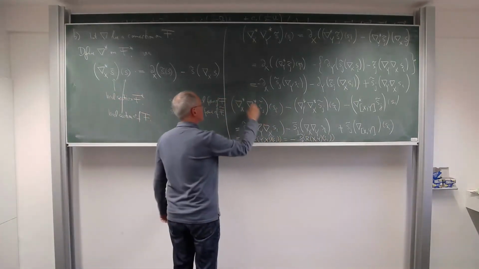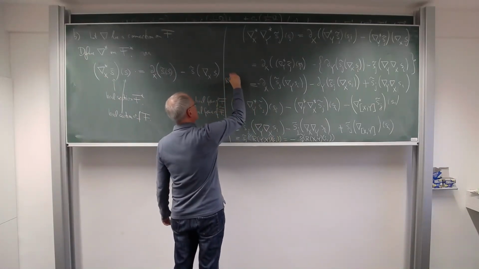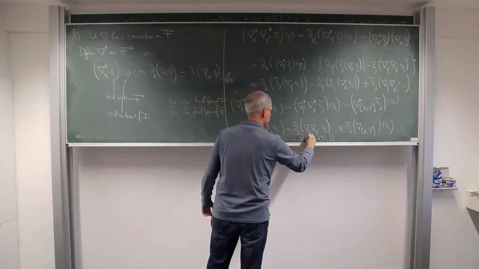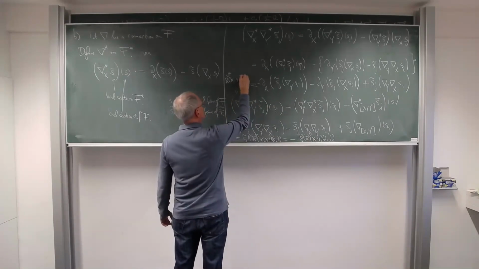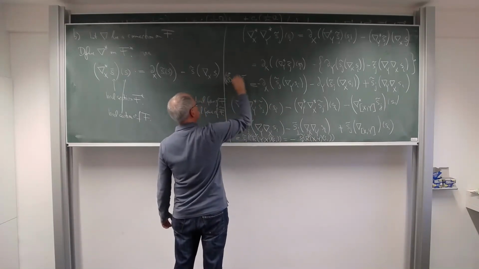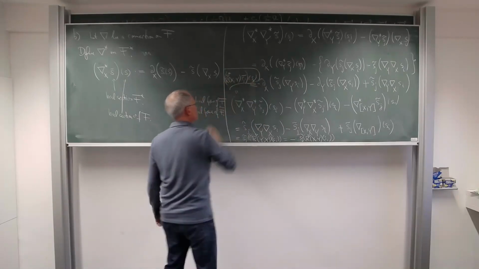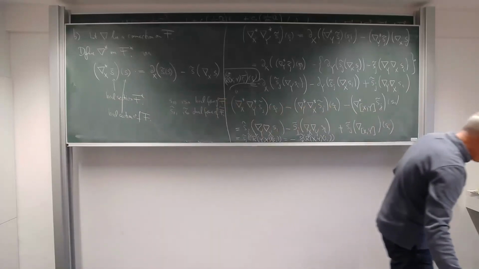Right, and this one I started with is nothing but R for nabla star, and here we have R for nabla. R of nabla star, x, y, applied to S tilde, and the whole thing applied to S. So that's what we have computed here. So let me write it down once more.